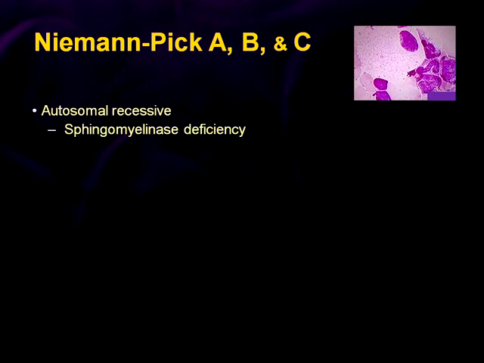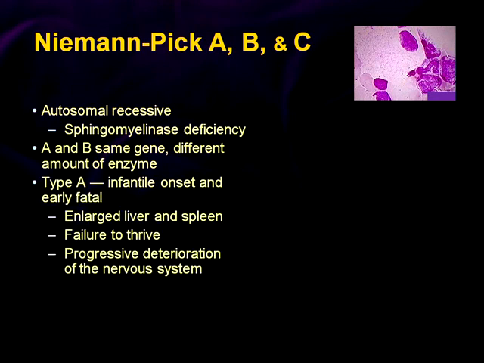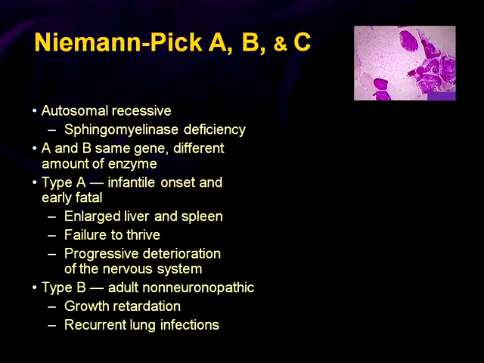Niemann-Pick, A, B, and C, is autosomal recessive sphingomyelinase deficiency. A and B is the same gene, but differing amounts of enzyme. Type A is an infantile onset and early fatal, enlarged liver and spleen, failure to thrive, progressive deterioration of the nervous system. Type B is an adult, non-neuronopathic form with growth retardation and recurrent lung infections.